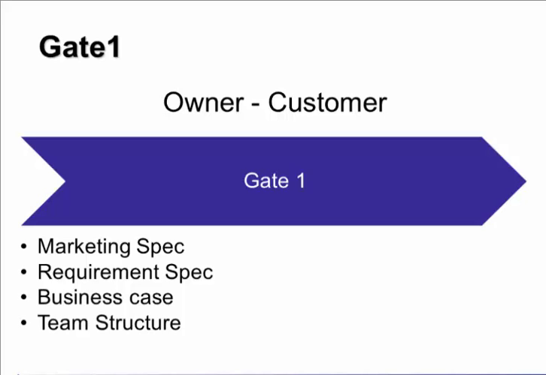In other words, who the client is, the customer. Now, what occurs is that each gate has a person responsible, not a committee, not a task, a person that is responsible for the outcomes to be delivered. Okay, so the deliverables have to be correct in the form that can be reviewed. So in gate 1, the customer is the owner of the output.